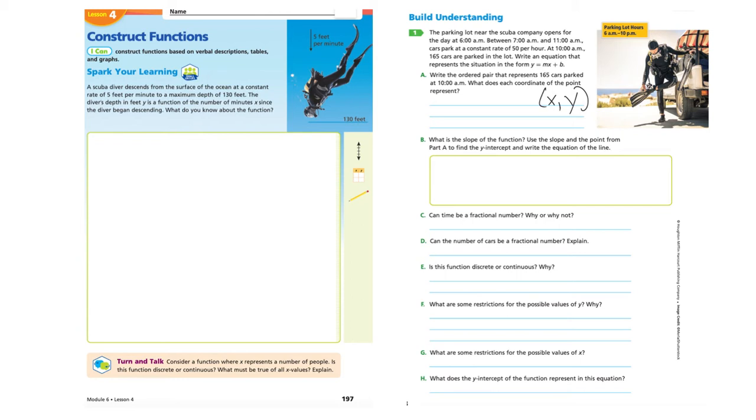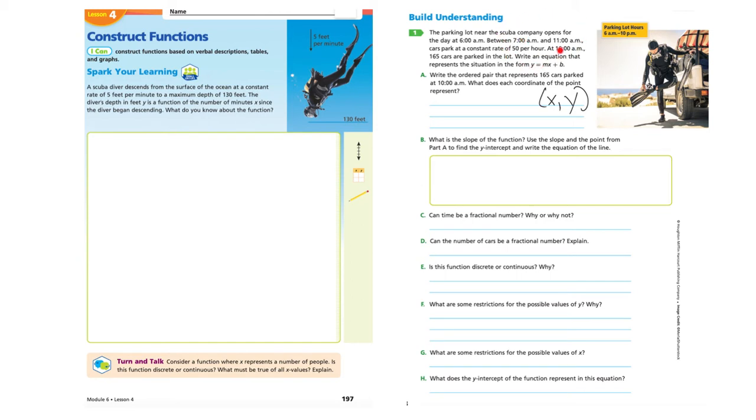So you have to think about, if you were looking at a graph, what would the x-axis be labeled? Would it be hours? Would it be times? Would it be number of cars? What's your input?